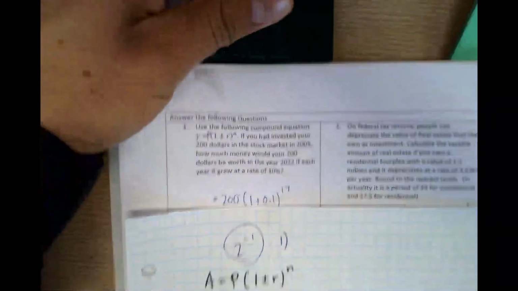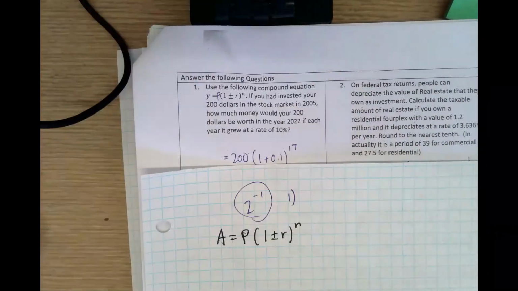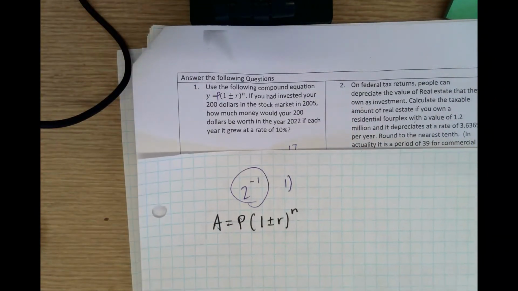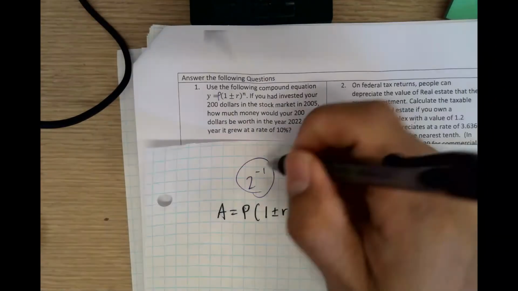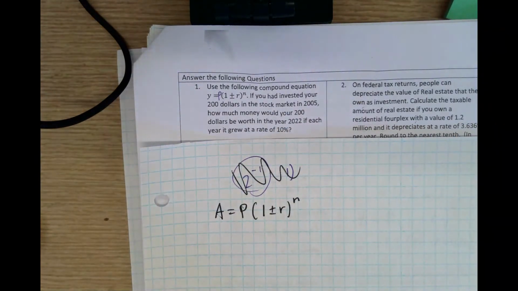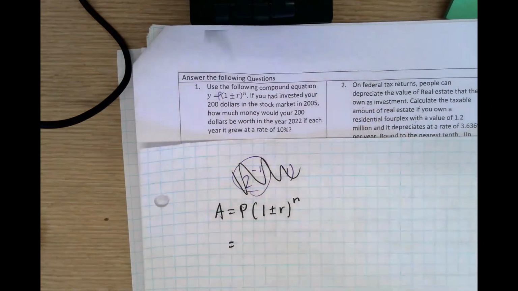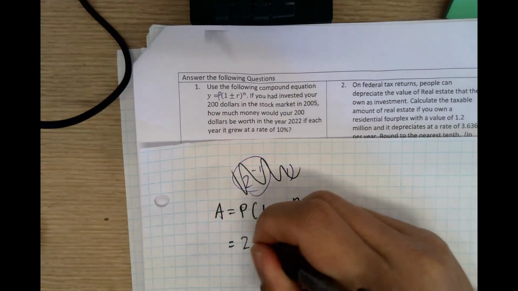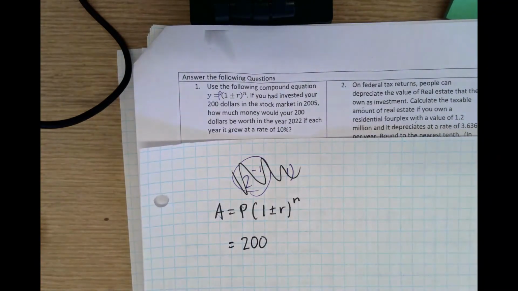So you can see here that I set up my equation like so. This one you can ignore. My initial amount is 200, so I'm going to put that 200 right here. Remember that P represents the initial amount, or the amount I'm putting in initially.